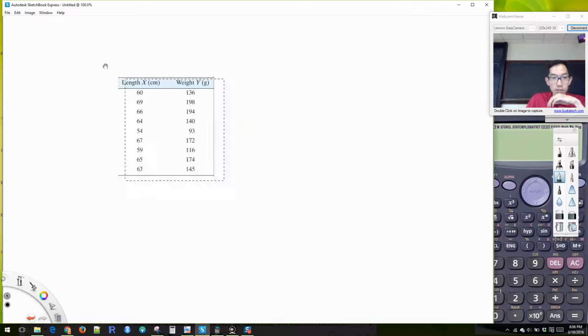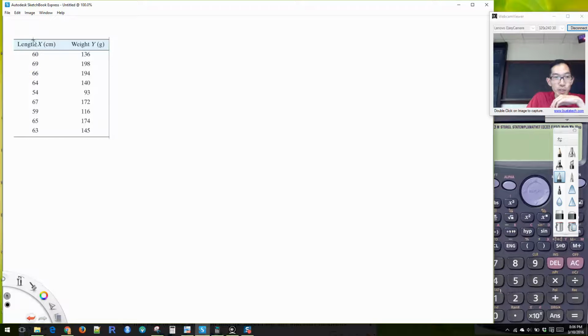Okay, so we've got two numeric variables. They are the length and the weight, and this is taken from a bunch of snakes.